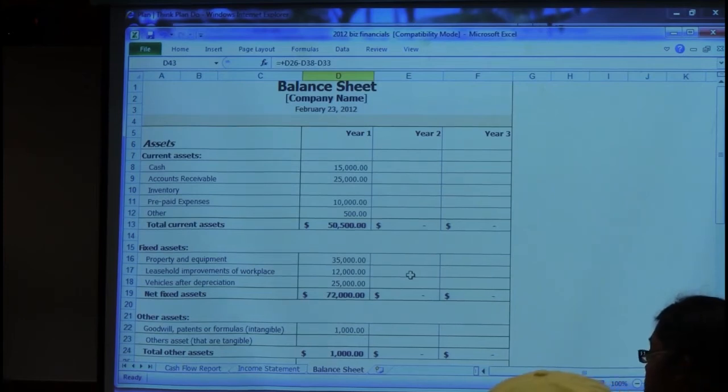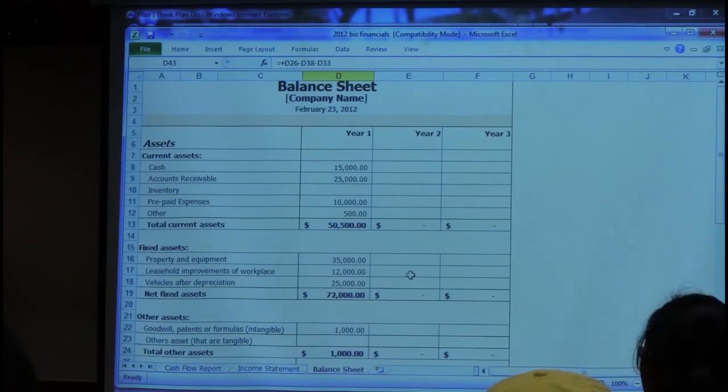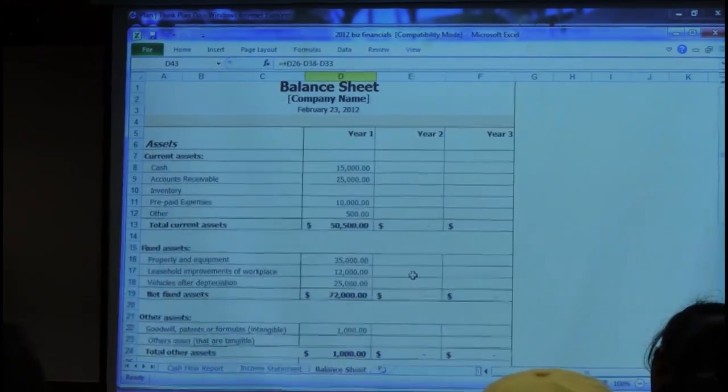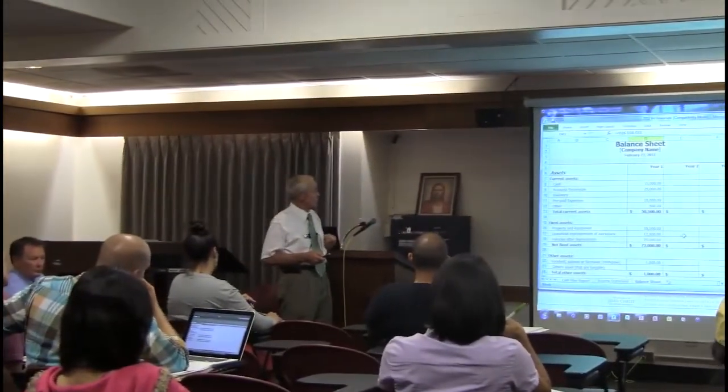It's money you don't have now, but you will receive in time. You've sold something on terms, essentially on time. Someone has bought one of your products and will pay you in 30 days. And so that becomes an asset and becomes an account receivable.